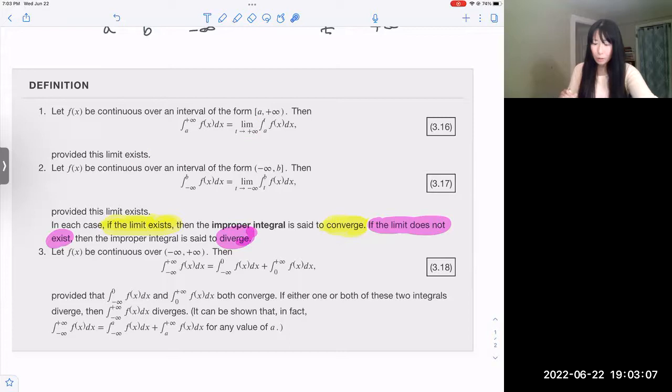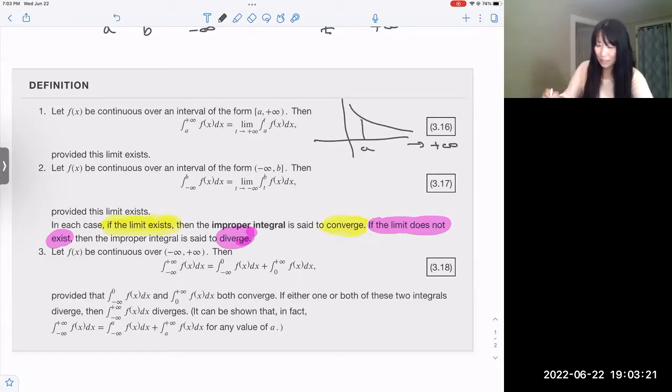Second one, if we have the graph, this one is like this, right? So it goes to negative infinity, and then from B to negative infinity, right?